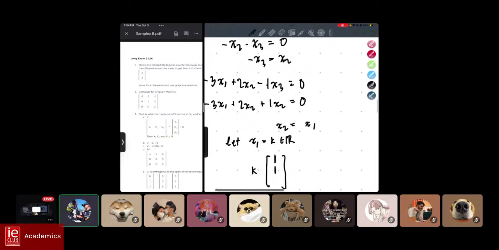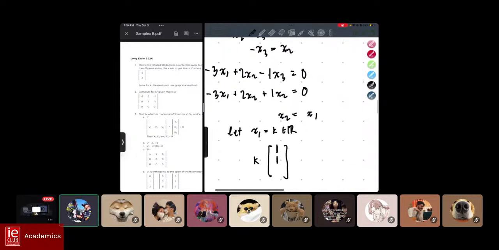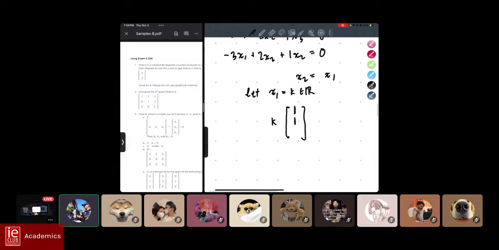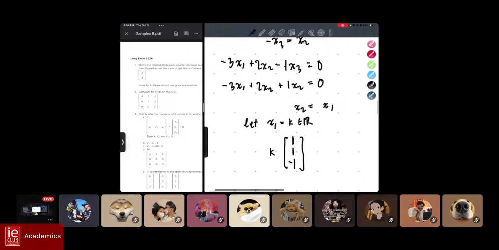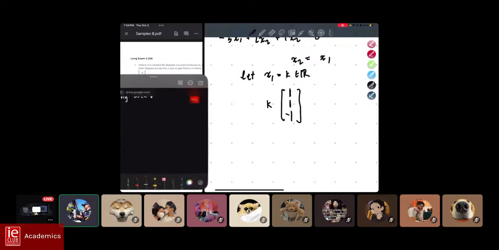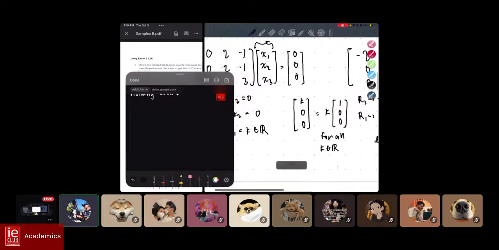If negative x sub 3 is equal to x sub 2, and then x sub 2 is equal to x sub 1, transitive property ata. Basta one of the early algebra properties. Yeah, so that's -1 because that's how they're related to each other. So yeah, taking note lang. Wait, I should have taken note of this earlier.